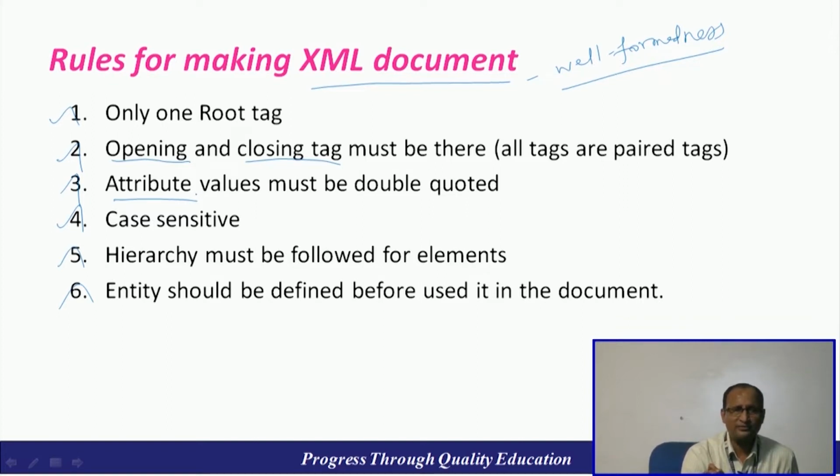If we have any attribute, then its value should be double quoted, and case matters, which means it is not like HTML. If we open any tag like student, then it should be closed properly.